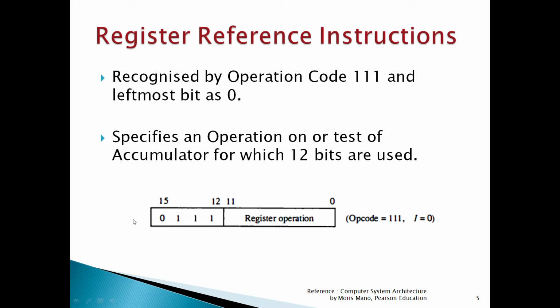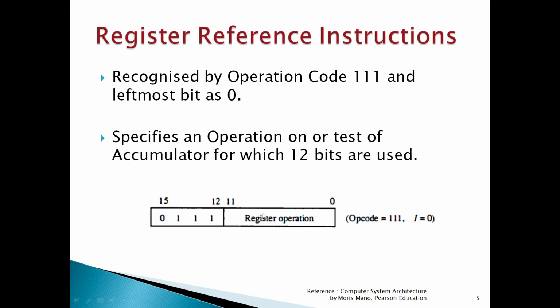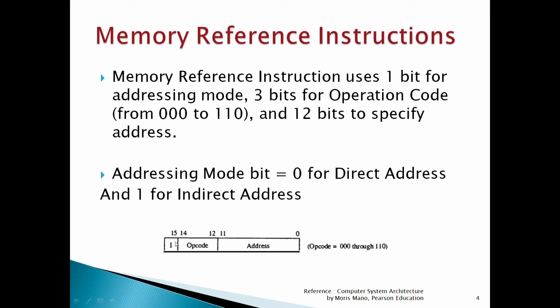So, what exactly is the difference between the memory reference instruction and the register reference instruction? In the memory reference instruction, this I bit is variable. It is 0 for direct addressing and 1 for indirect addressing, and the operation code is specified from the memory reference instructions, which we'll study later on.